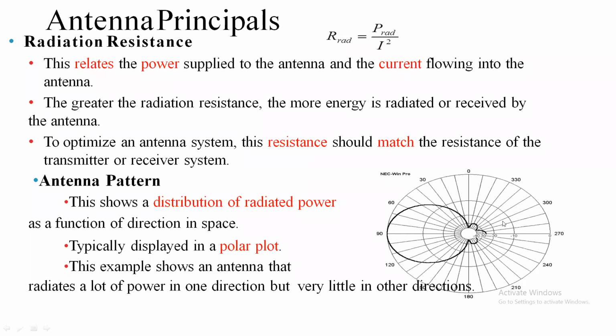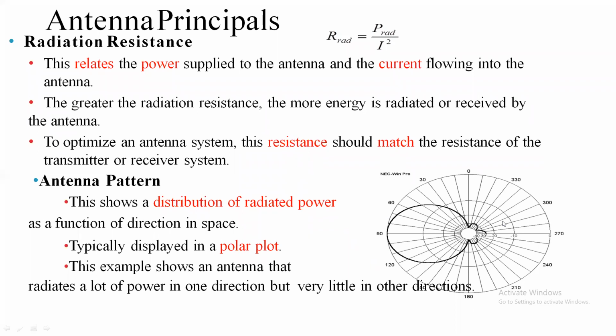Coming to the basic points related to antennas, the basic principle of antennas is to transmit or receive a signal by using an arrangement of metallic conductors, using a wire.